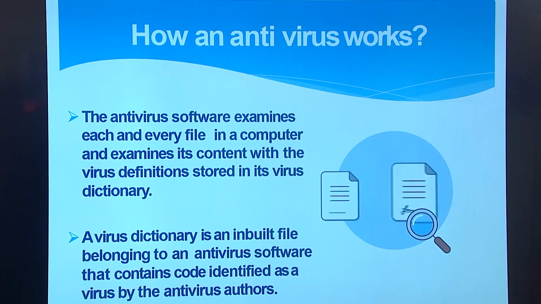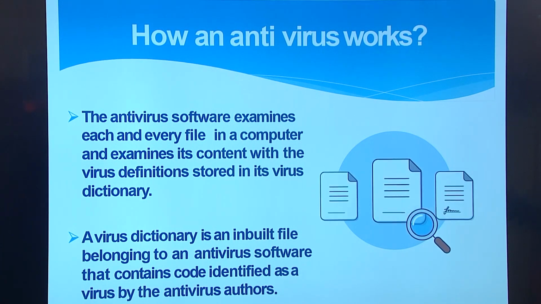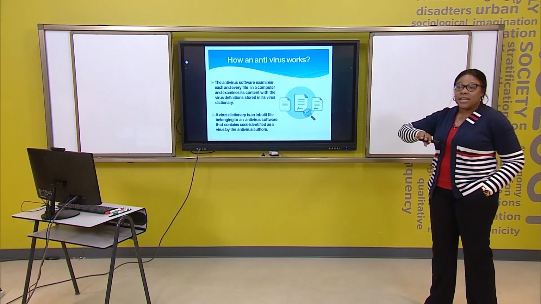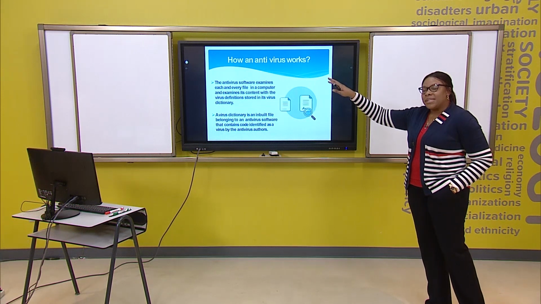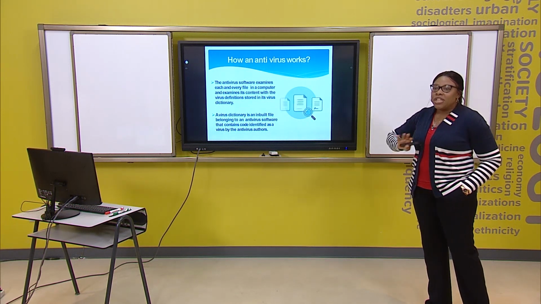And once the antivirus checks if all your files are virus-free, whatever virus it finds, it will send information to the company to say, okay, in the dictionary that we currently have, we do not have a code that looks like this. So you need to create an antivirus for this specific code. And so all the time, once your computer is on and you have an antivirus program on your computer, it is automatically checking.